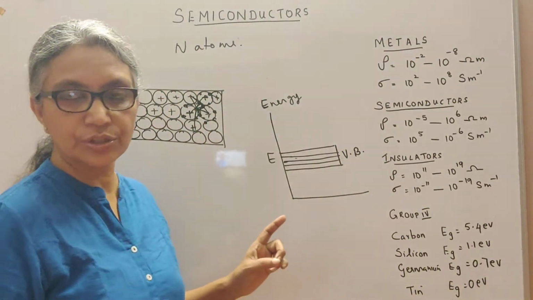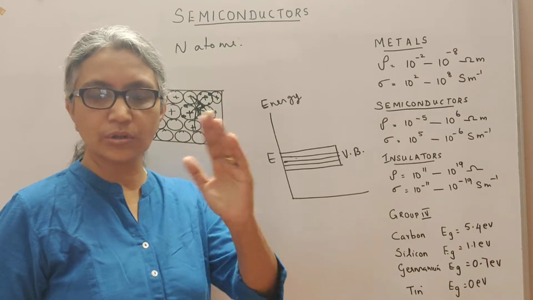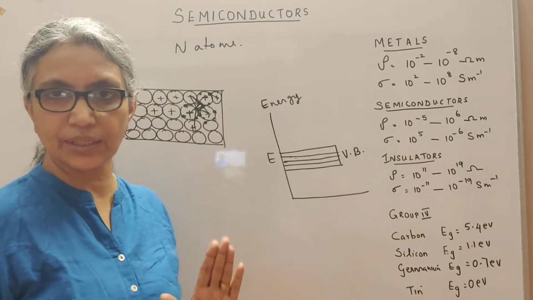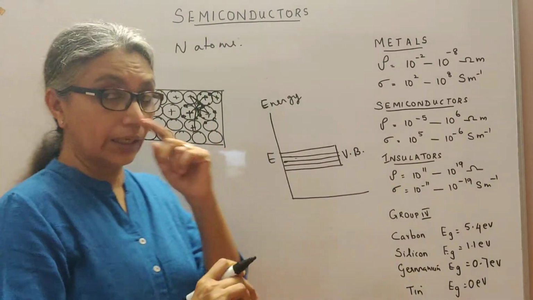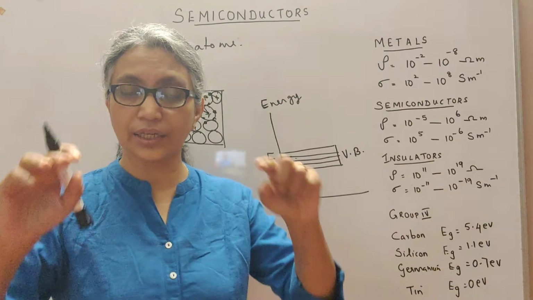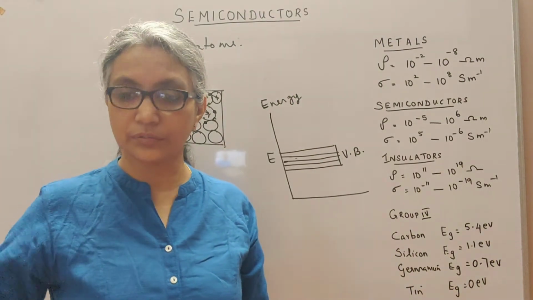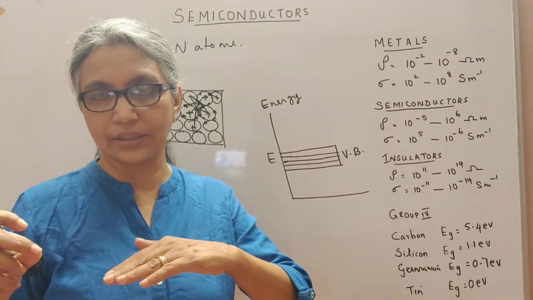So I hope you've understood that had the silicon been an isolated atom, all the 4 electrons would have had a single energy level. All of them have the same energy. But when you bring them together in a crystal like this, each of these electrons interacts with neighboring atoms, with other nuclei and other electrons, and there will be a slight change in its energy.